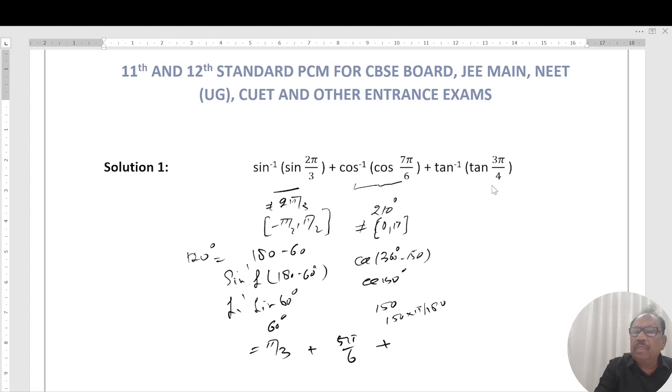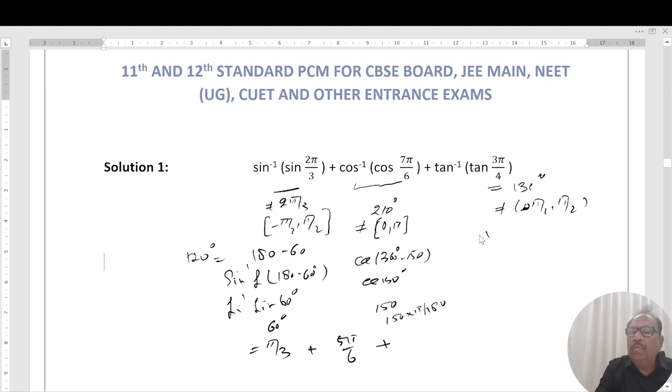In this case, this is 135 degree. This is not in the interval minus pi by 2 to pi by 2. Then we have to again reduce this into that one. How to do it?